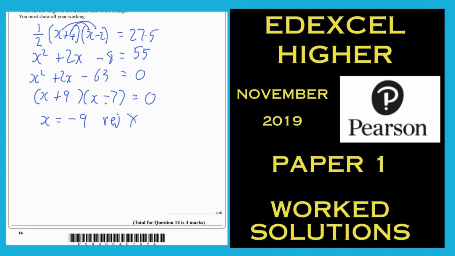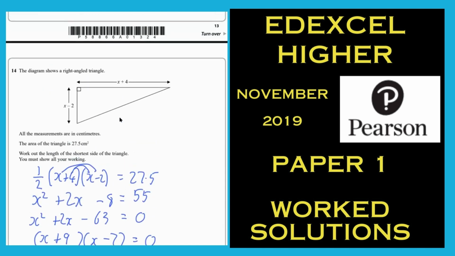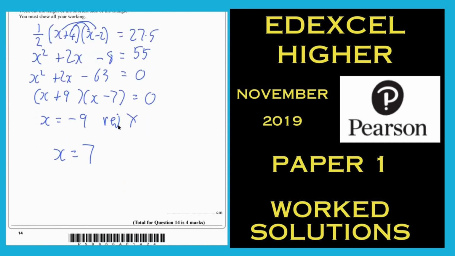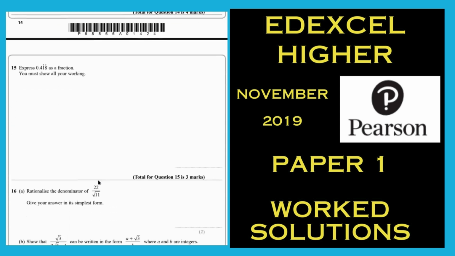We don't want that one. So the only value of x which we're interested in is 7. That's not the answer. It wants the shortest side, and the 7 plus 4, that'll be 11. We're not interested. We want the 7 minus 2 for the shortest side of 5.